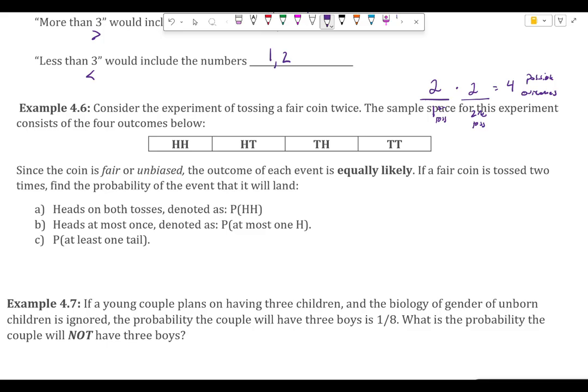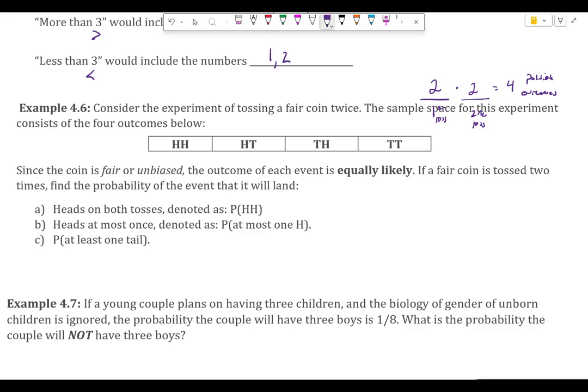All right, so this one says, since the coin is fair or unbiased, the outcome of each event is equally likely, meaning that the probability of getting a heads or a tails on any toss is 50%. If a fair coin is tossed 2 times, find the probability of the event that it will land, and then it gives us 3 different examples we want to figure out.